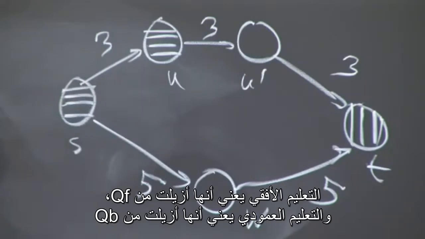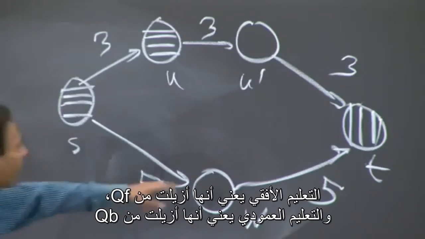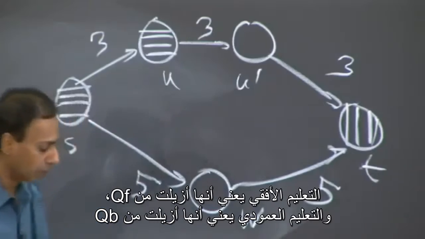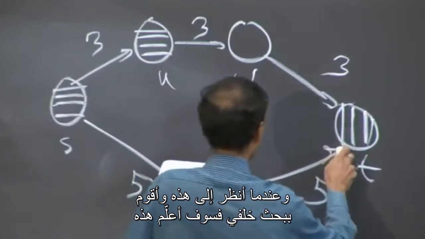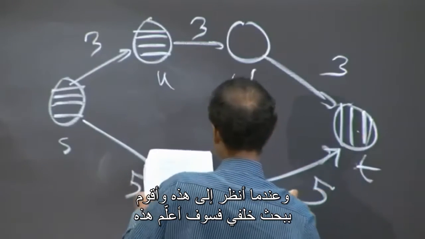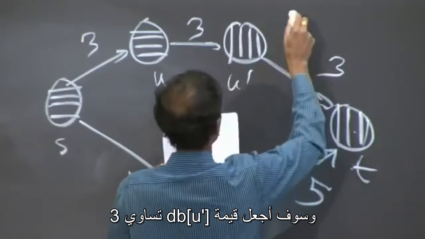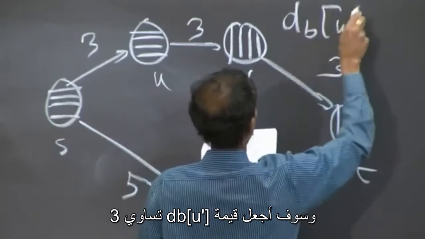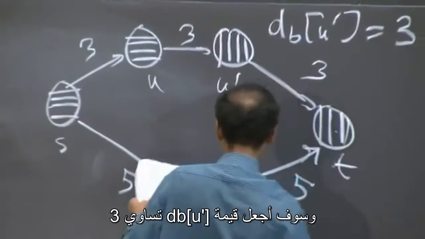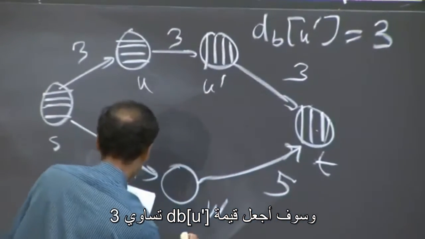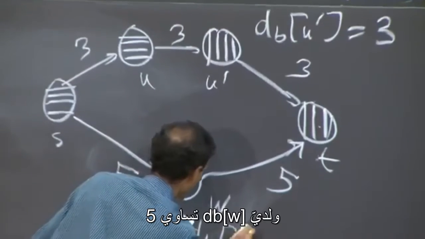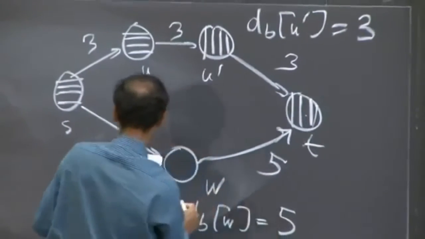Hashed horizontally means that it's been removed from QF, and hashed vertically means that it's been removed from QB. When I do a backward search, I'm going to hash this and set dB of U prime equals 3, and I have dB of W equals 5.